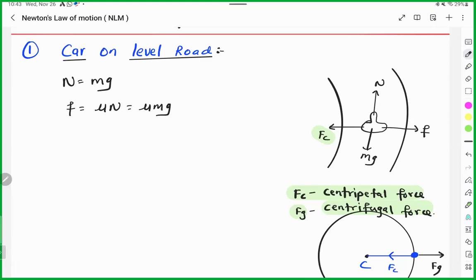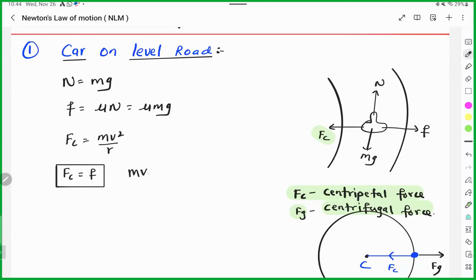Correct? And there is a force, centripetal force, acting toward the center, and this is equal to mv²/r. If it is not sliding, can we say this centripetal force will be equal to friction? If the car is not sliding, it is moving perfectly.